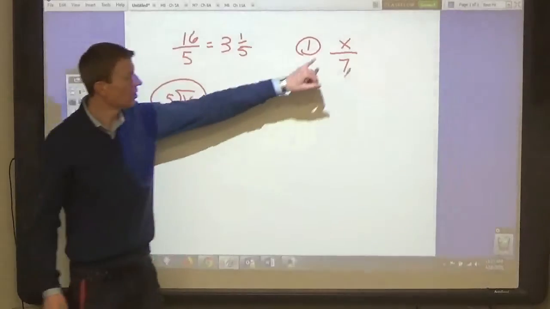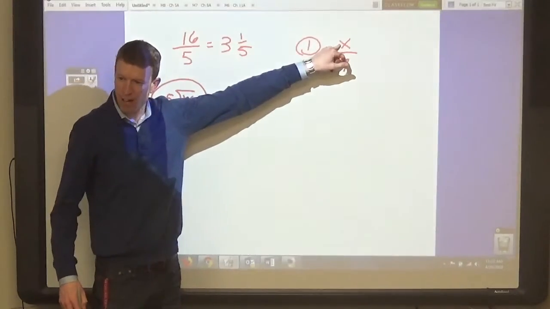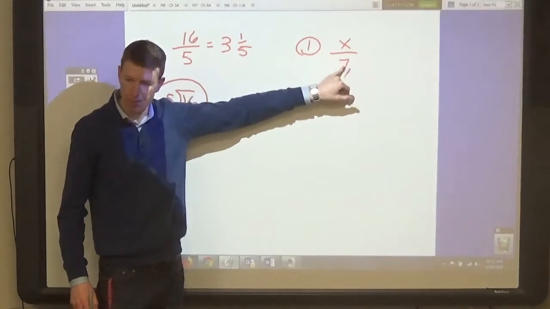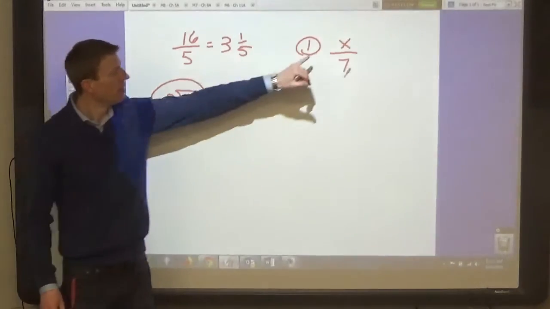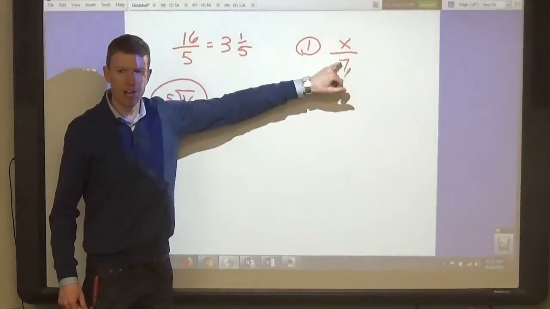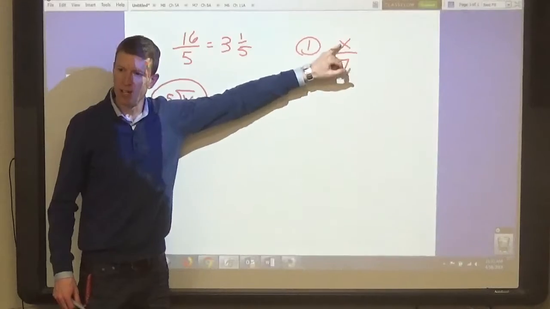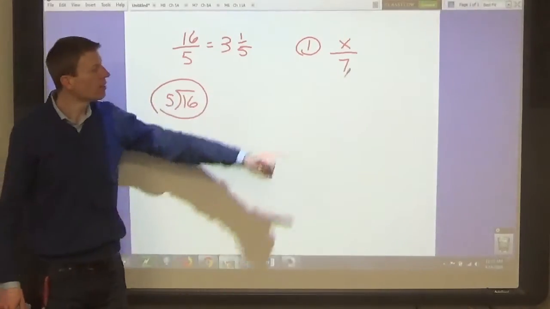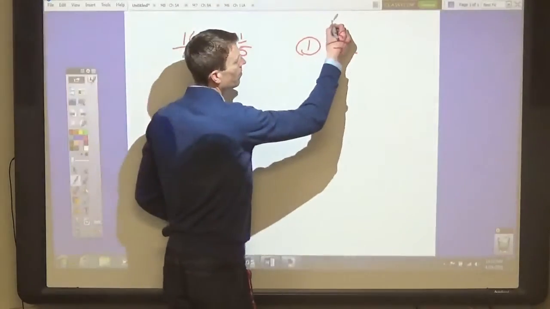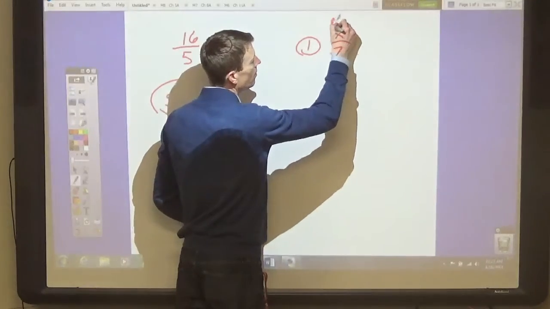Just like if x was a top-heavy fraction and you had to change it to a mixed number. You know that you can divide the top number by the bottom number, the numerator divided by the denominator. So this is a way of writing division. This means division.